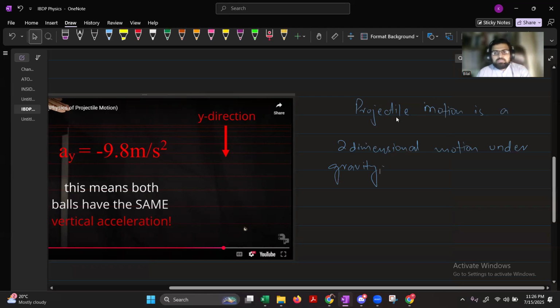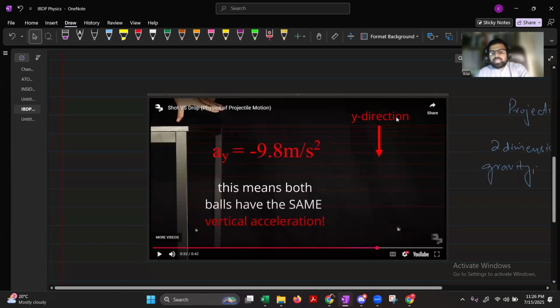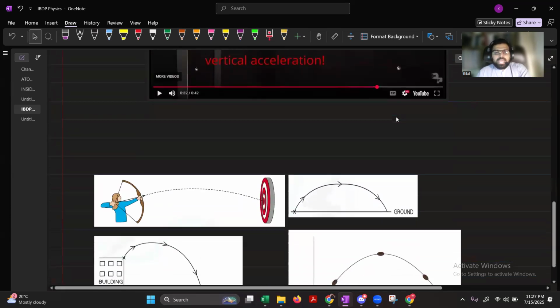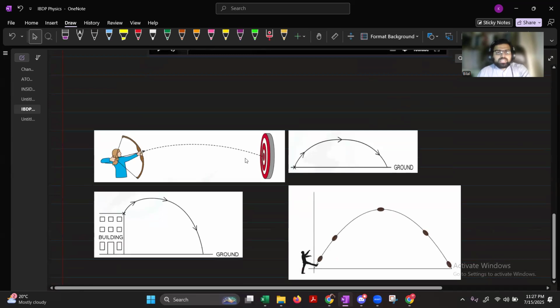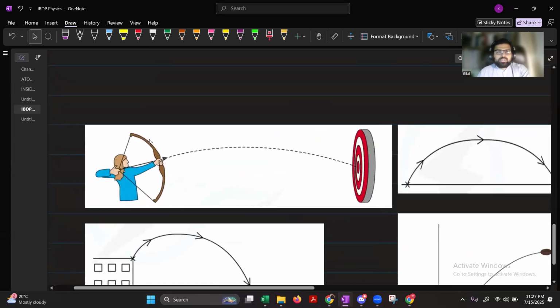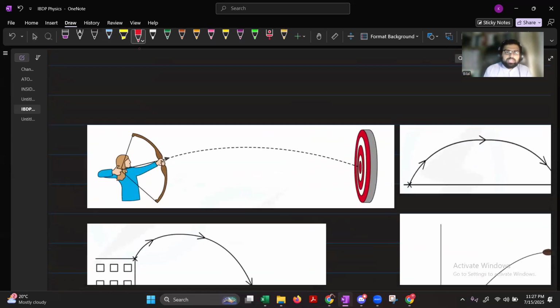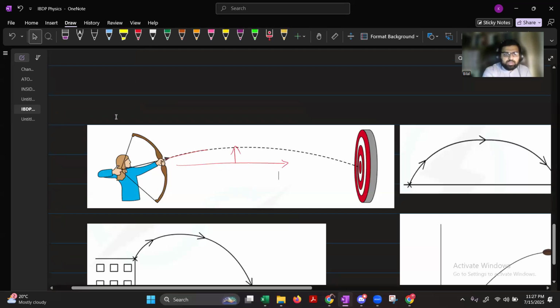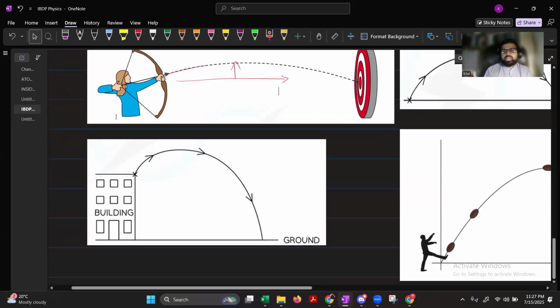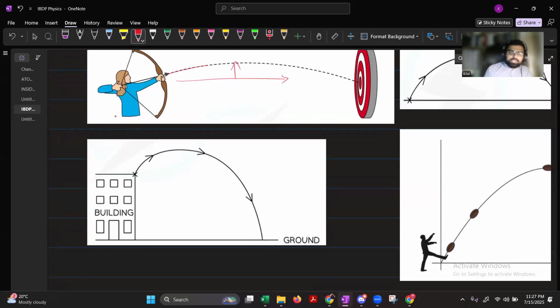If I give you some examples from daily life, for example, if you throw an arrow at the target, the path of the arrow will be a projectile because the arrow is covering some distance vertically and also some distance horizontally. Same example, if you throw a stone off a building, the stone will follow this path.